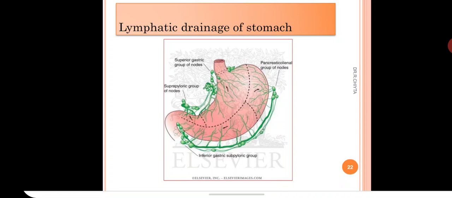The right of the stomach will be draining into the left gastric lymph nodes. From the lower third of the right part, they pass into the right gastroepiploic lymph nodes. So this is how we have to divide this lymphatic drainage into left and right parts.